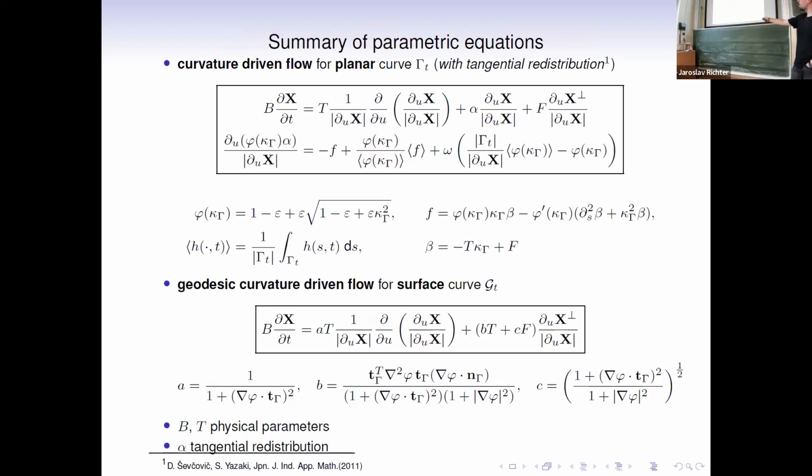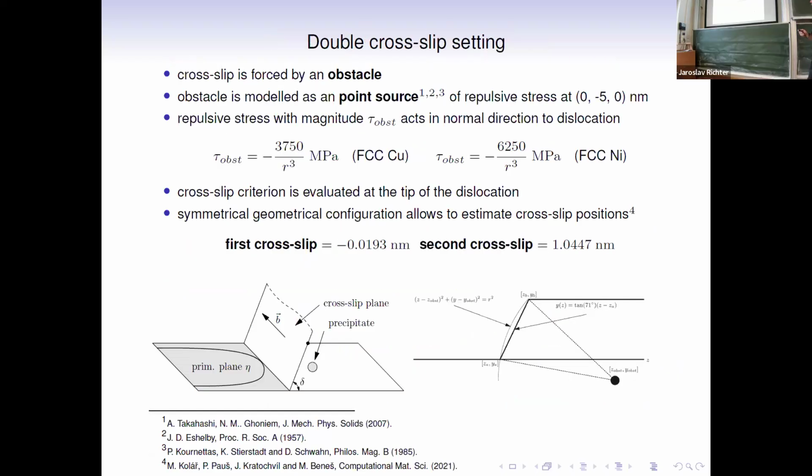And in the surface case, we've got again a system of two degenerate PDEs, however with different coefficients A, B, and C. So coefficients in front of the curvature, another coefficient which makes a dragging along the surface, and the third coefficient in front of the force, which is responsible for this vertical projection. This is how these models actually differ.